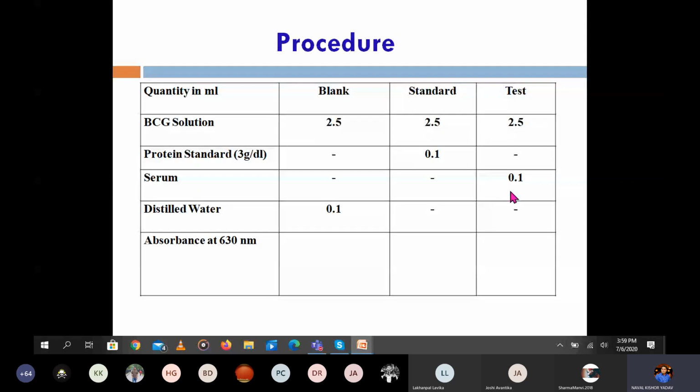Sample, that is the serum, 0.1 ml. Distilled water, 0.1 ml in the blank. Incubate at 37 degrees centigrade for 5 minutes or room temperature for 10 minutes and measure at 620 nanometers, or 630 or 640 nanometers, whichever is available.